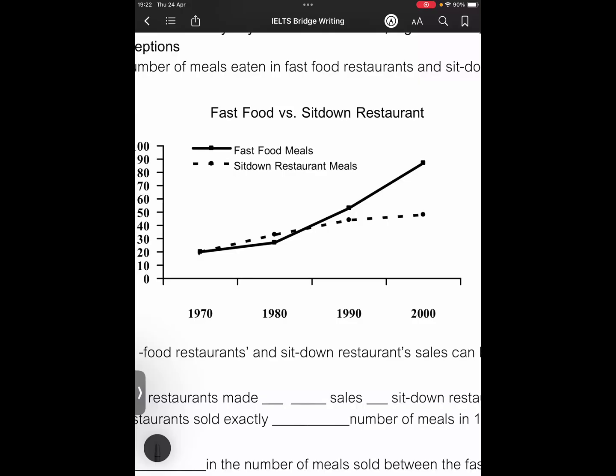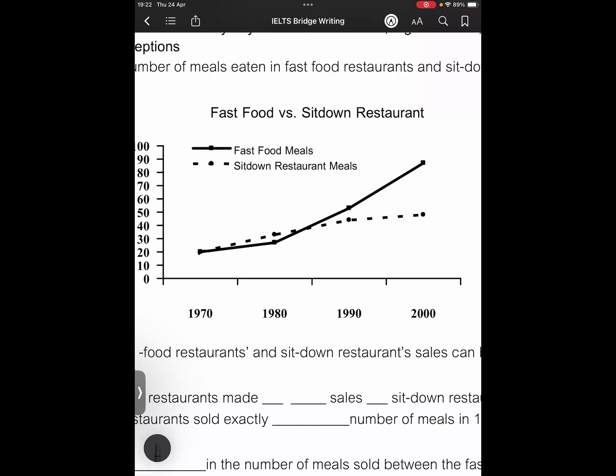That's only between 1970 and 1980, right? But after 1980, you will notice a drop in the rate of change for sit-down restaurant meals because the slope was not that great anymore. It's weaker now.